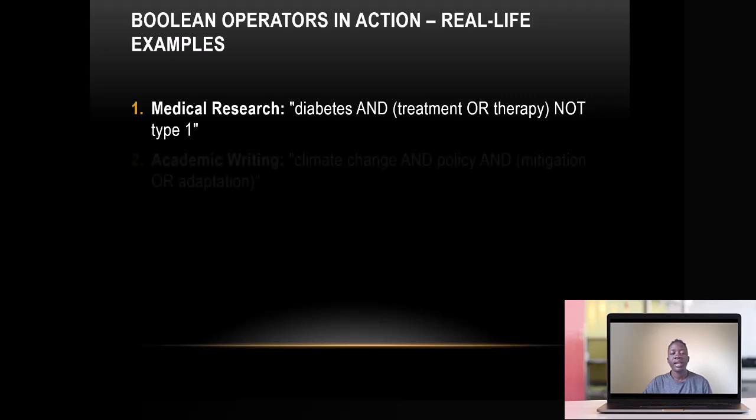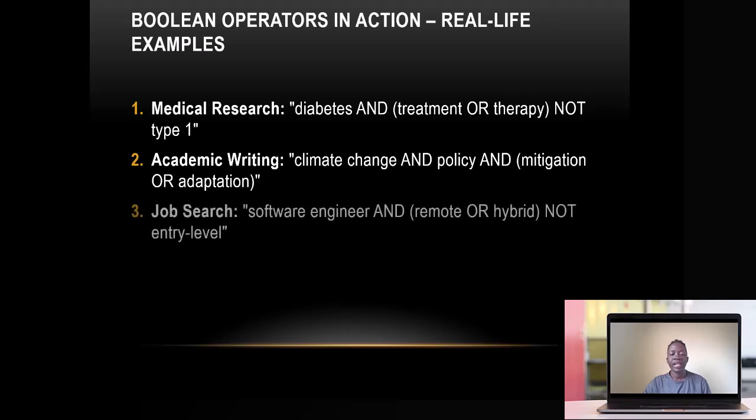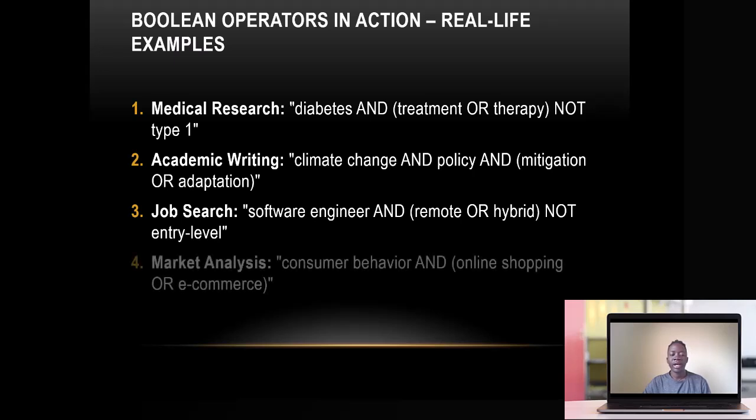The second example is climate change AND policy AND (mitigation OR adaptation). The third one is software engineer AND (remote OR hybrid) NOT entry level. Then in market analysis, you can say consumer behavior AND (online shopping OR e-commerce).